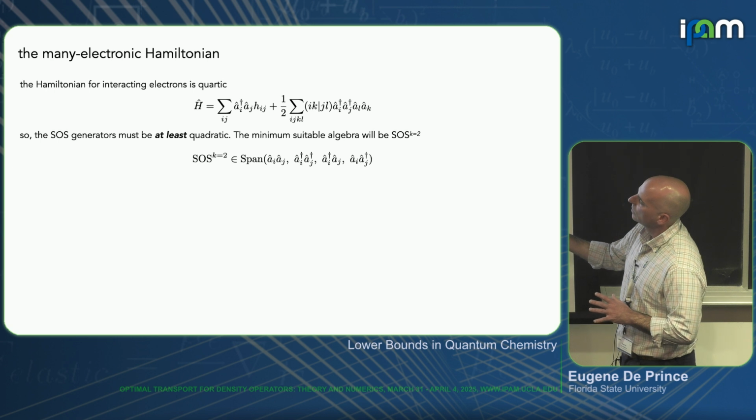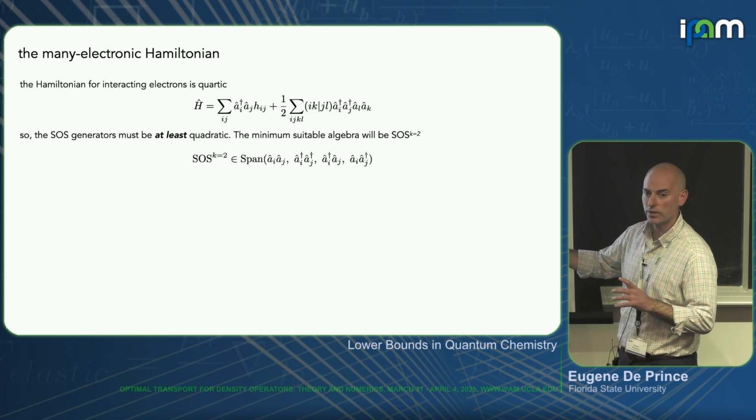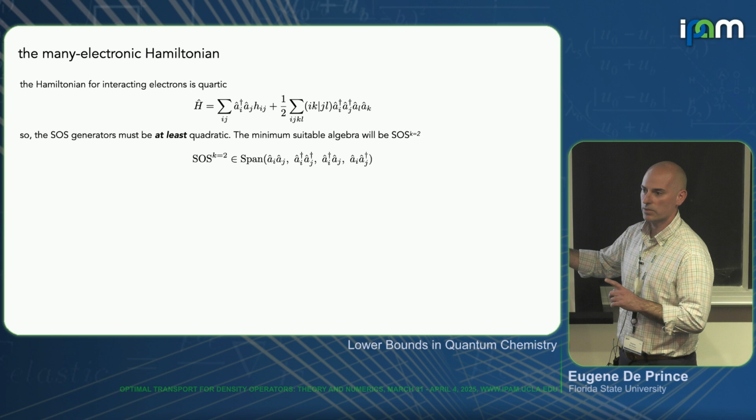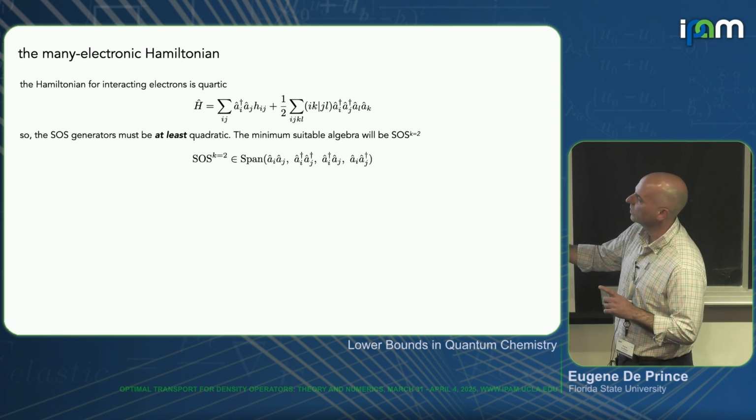Okay, so here the minimum suitable algebra will be SOS k equals 2, and that set of operators should span all of these two-body operators. These generators look similar to the generators for the N-representability conditions at the two-particle level. This one would give me the P condition involving D2.